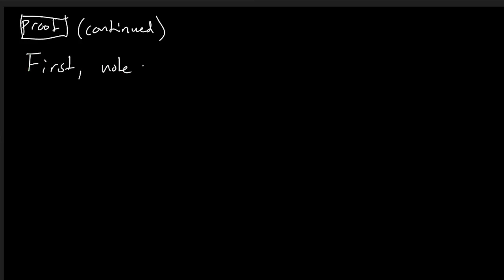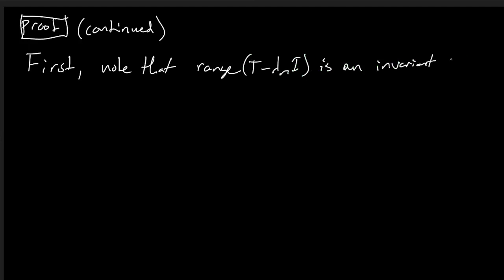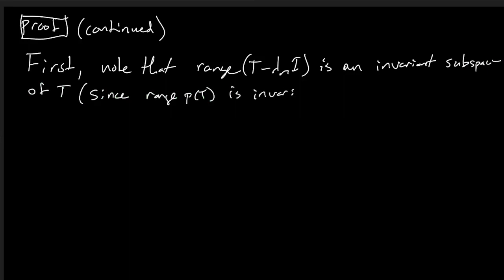First, note that, and this part is maybe a little bit of a recall, the range of T minus lambda m I is an invariant subspace of T, since range p of T is invariant under T for any polynomial p.